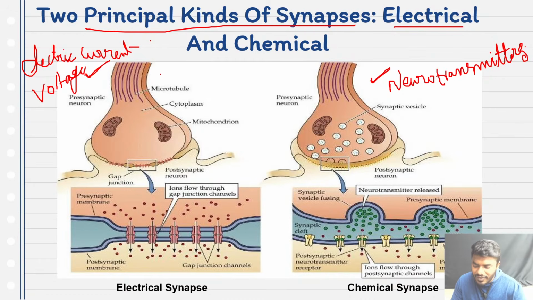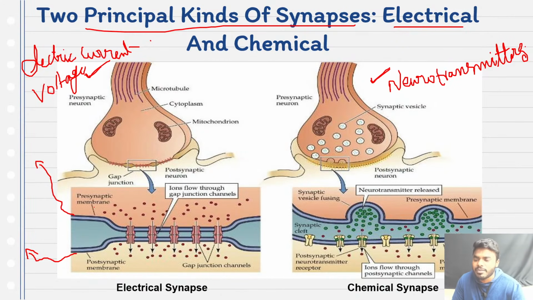All the students look into the diagrams very carefully, friends. This is the presynaptic membrane, correct? And this is the postsynaptic membrane. Friends, what is the major difference between the presynaptic membrane and the postsynaptic membrane? Everyone pay utmost attention.